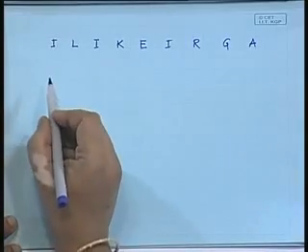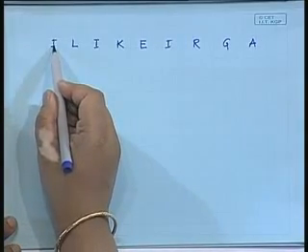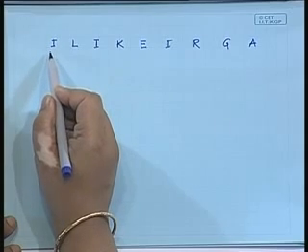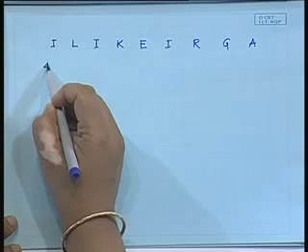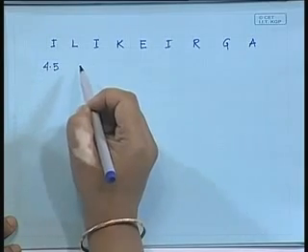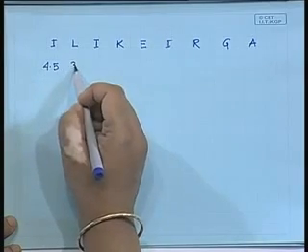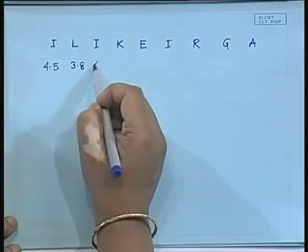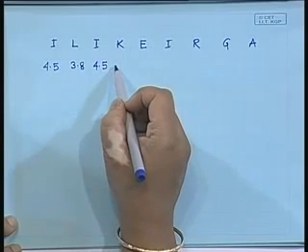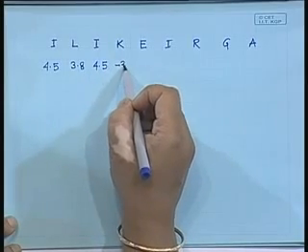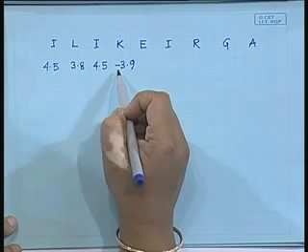The first thing I do is add the value for isoleucine. The value for isoleucine is 4.5, leucine is 3.8, isoleucine 4.5, lysine is minus 3.9. Why is it minus?